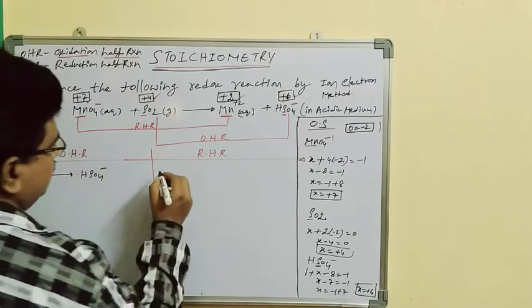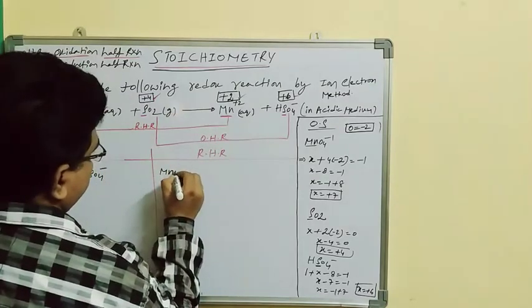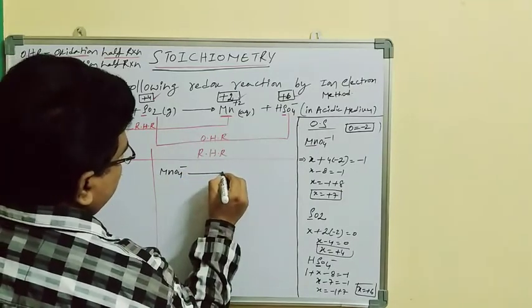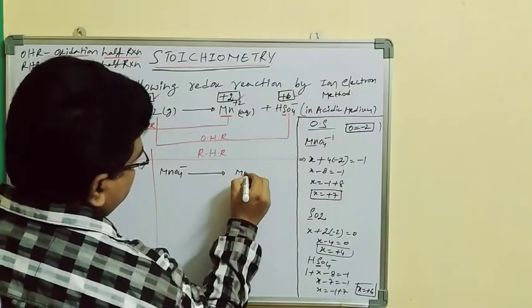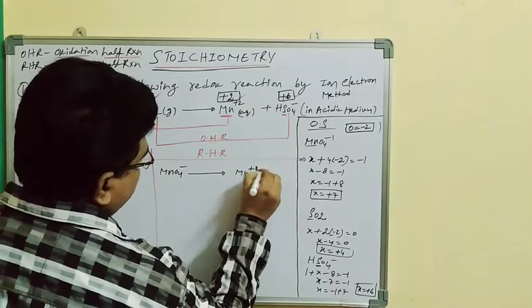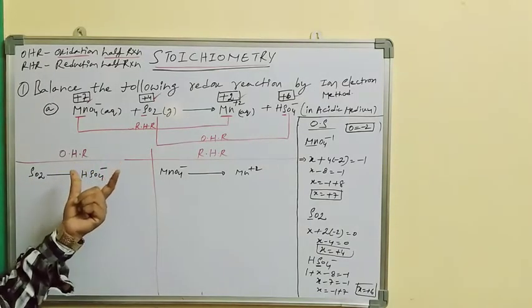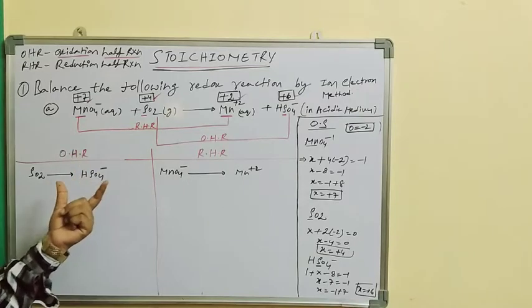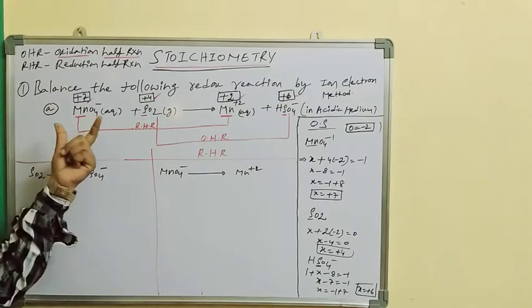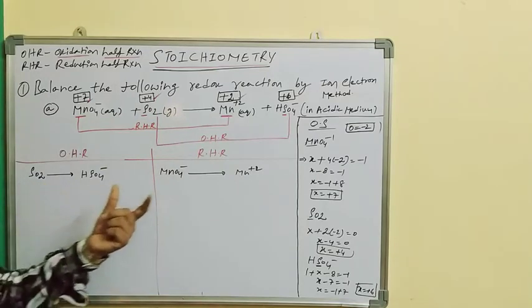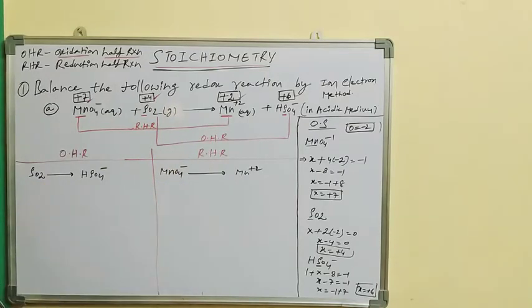This one is the reduction half reaction: MnO4 minus gives rise to Mn+2. No need to write the oxidation state here. While splitting the redox reaction, we have to calculate oxidation states.